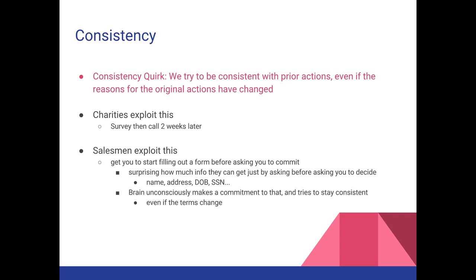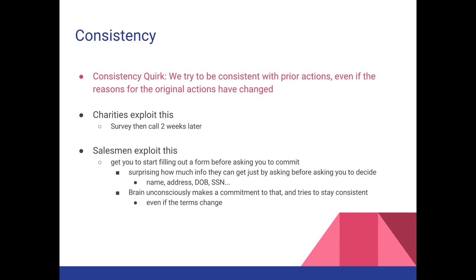Salesmen exploit this. They'll do this by first, before discussing any price points, getting you to start filling out a form before asking you to commit, just so they can run information, maybe look up what sort of line of credit they can extend to you for a car and stuff like that. And this simple act of starting the process exploits this consistency quirk.